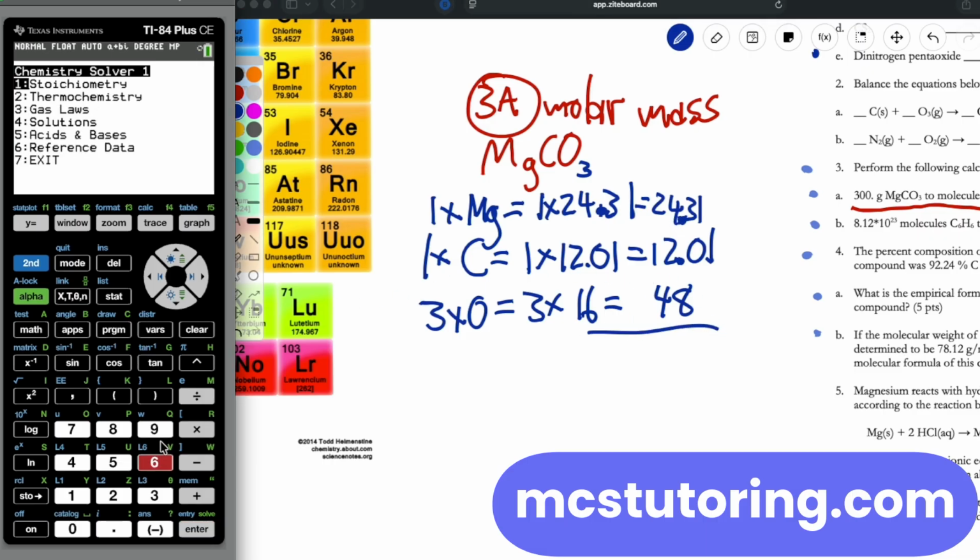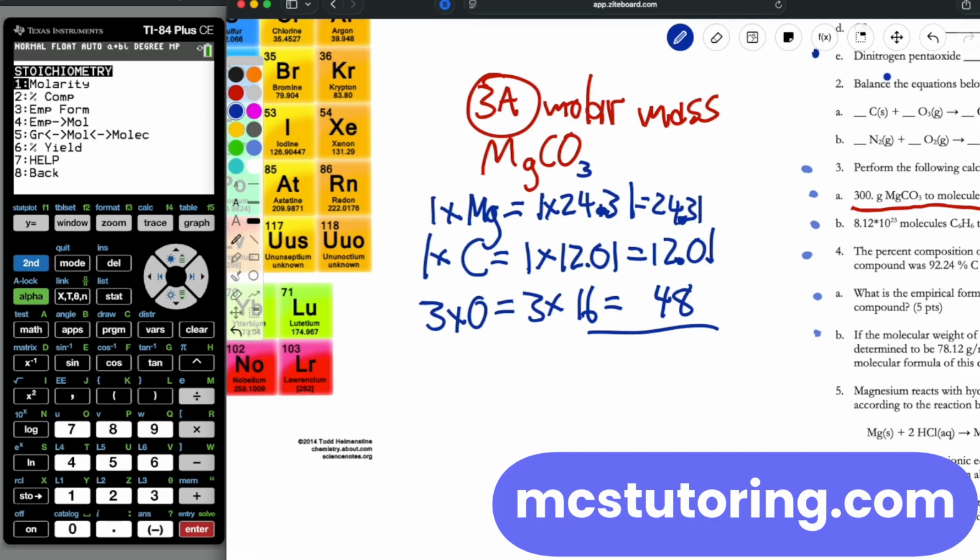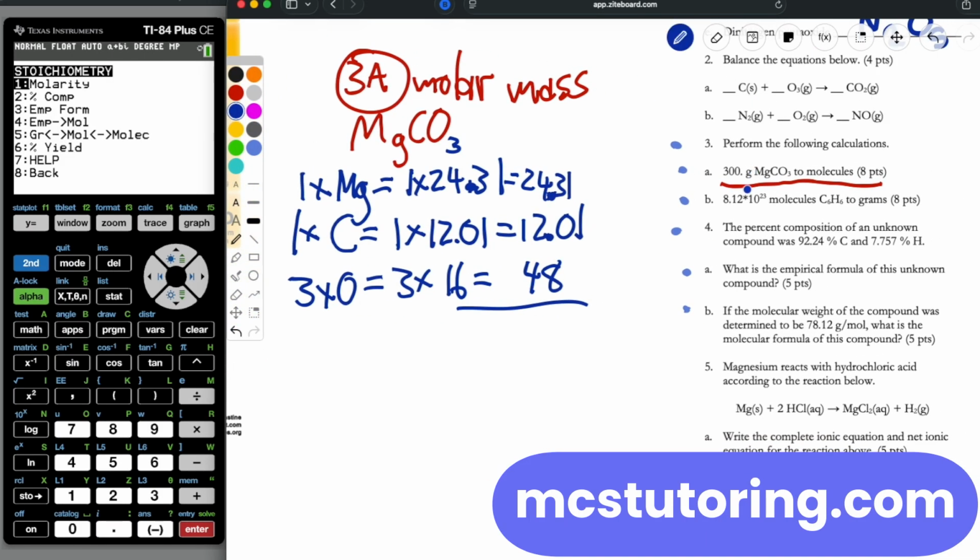So let's go back. Actually, let's exit the program for a second. So let's say you didn't know how to do this. You could actually run it and do it like this. I'm going to show you something real quick. What we're going to do is the stoichiometry. And then we're starting from grams, by the way, G, and we're going to go to molecules.